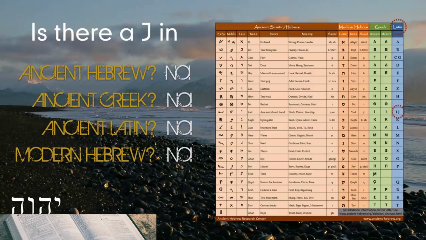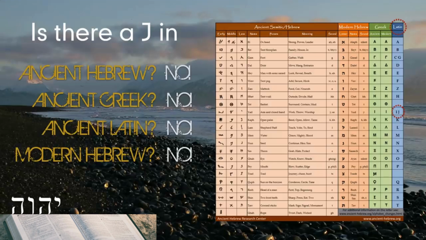And Latin had a J according to this chart, but we will show when it came to be, because there was no J in ancient Latin all the way up until the Renaissance around the 1500s AD.